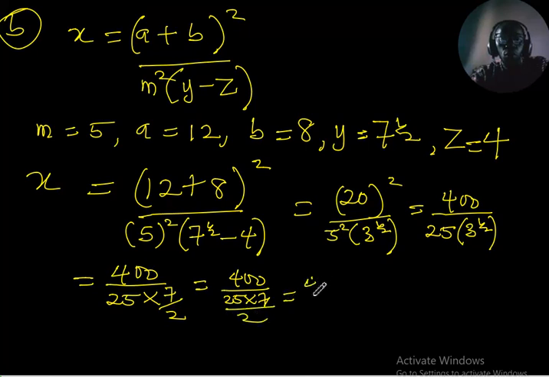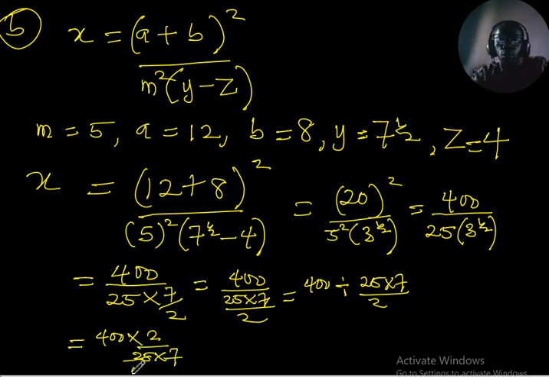So you can have it as 400 divided by 25 times 7 over 2, and that gives 400 times 2 over 25 times 7. 25 in 400, that will be 16. So 16 multiplied by 2 will give you 32 over 7.